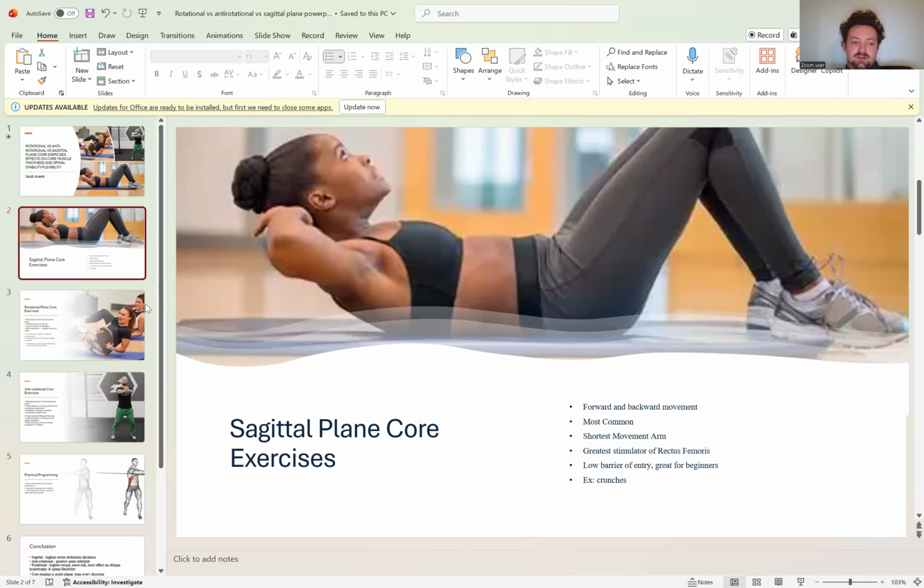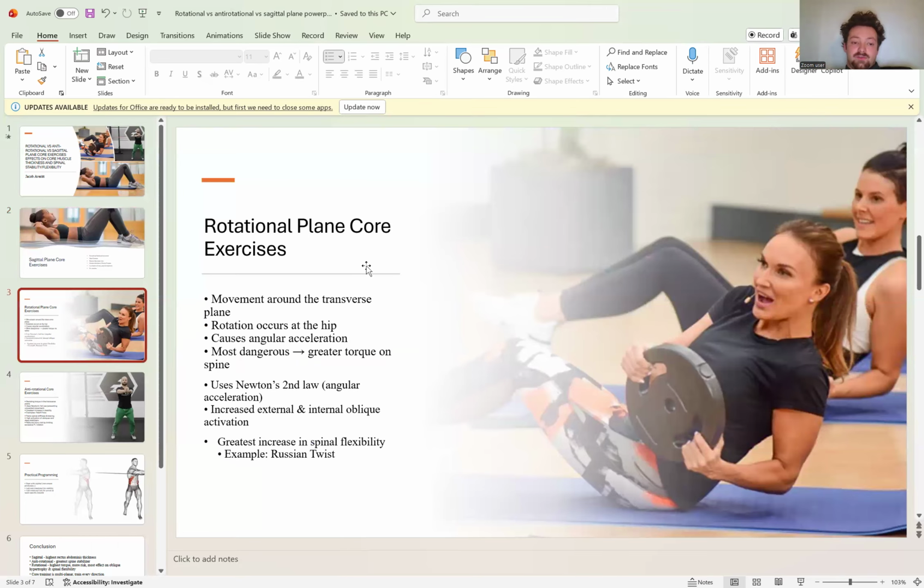So going into our rotational plane exercises, these are movements in the transverse plane, so circular. Rotation occurs at the hip. It causes angular acceleration.